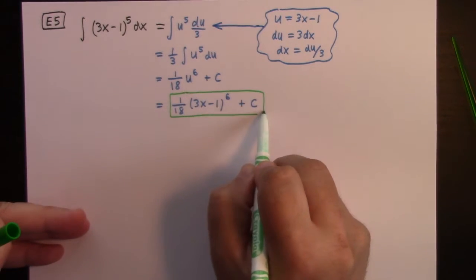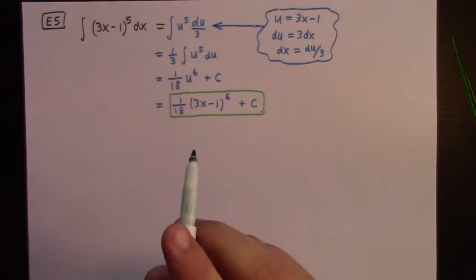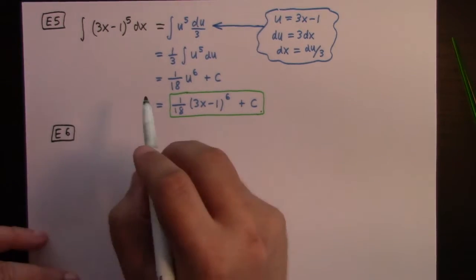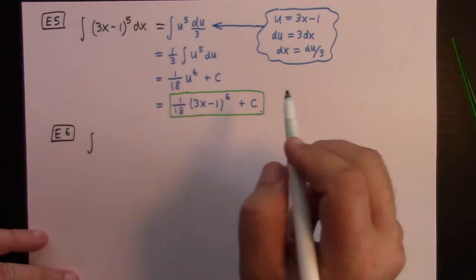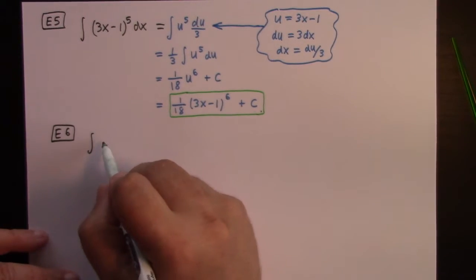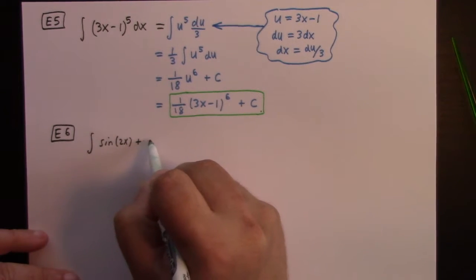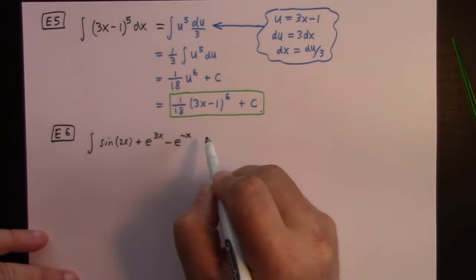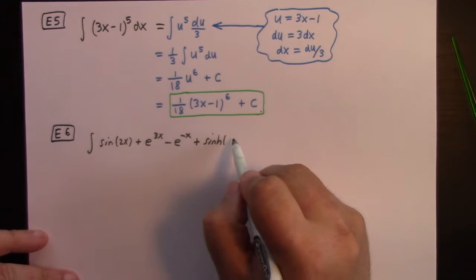Now, in the context of Calc 2, there's certain u substitutions I'm not going to show my work for, otherwise it would be burdensome. For example, I'm not going to show my work when I do something like this: the integral of sine of 2x plus e to the 3x minus e to the minus x plus sinh of x over 3.